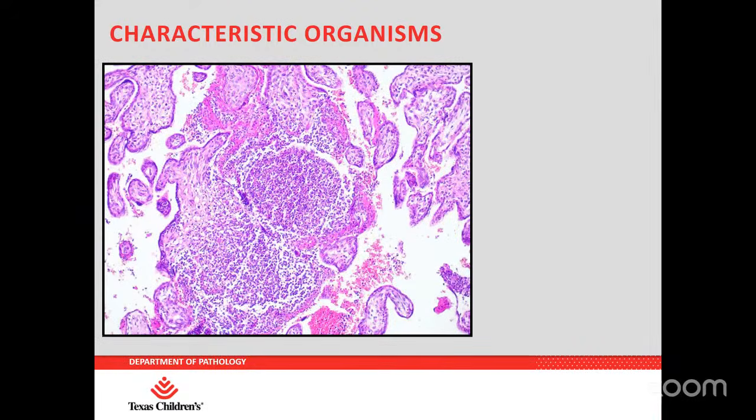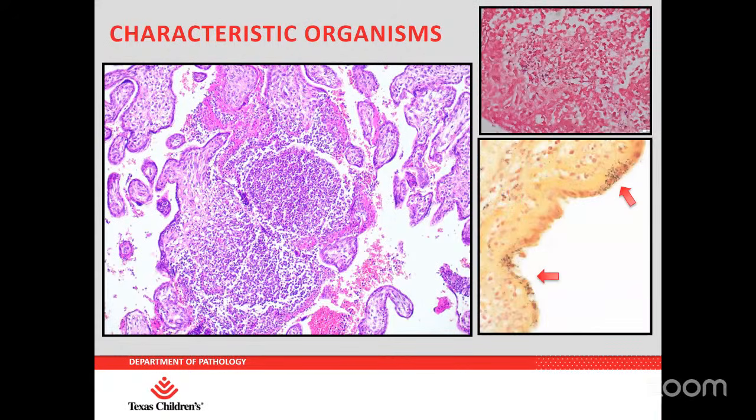Listeria monocytogenes, which is a foodborne gram-positive bacillus, has a marked tropism for the placenta. It produces necrotizing chorioamnionitis and villitis with micro or macro abscesses, often associated with fetal sepsis. Histologically, we see neutrophilic abscesses, as seen in the image, with gram-variable bacilli on Gram or silver stains. There's a Gram stain in the top right and a silver stain in the bottom right, sorry.